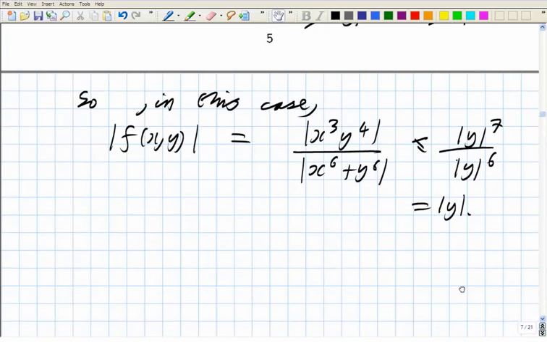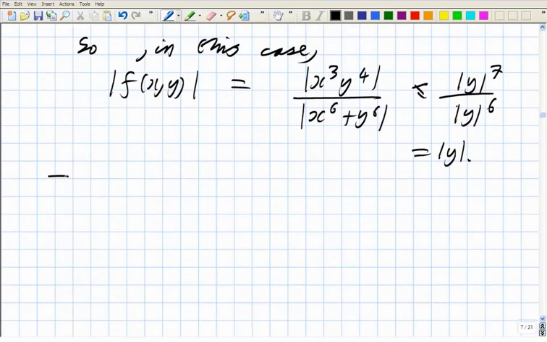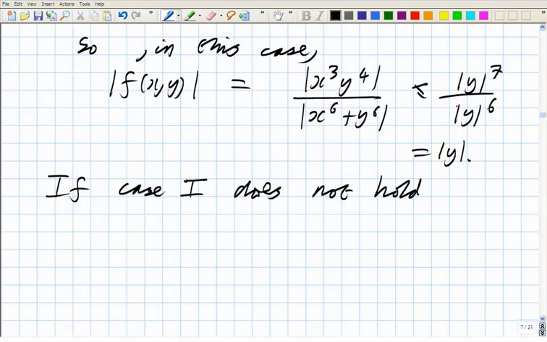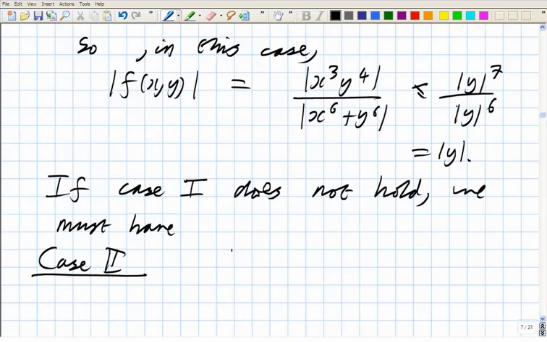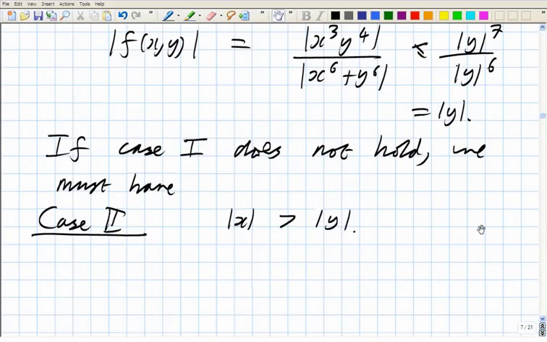If case 1 doesn't hold, we must have case 2, which is mod x is greater than mod y. But in this case, x is not 0.